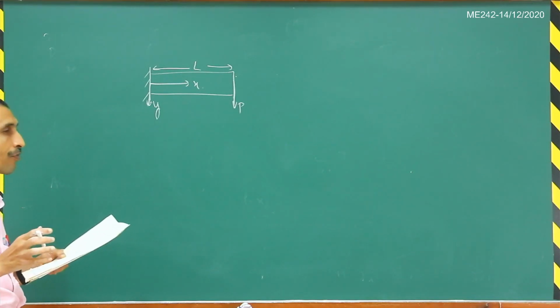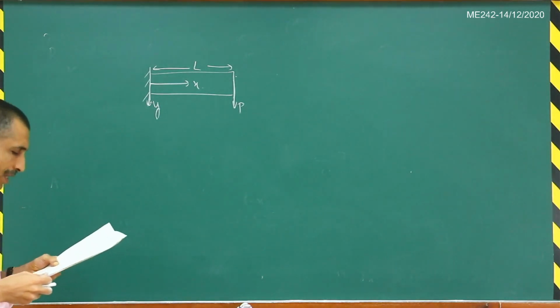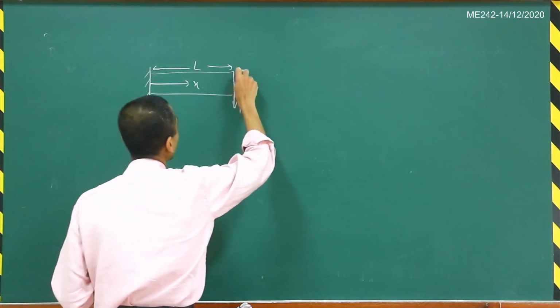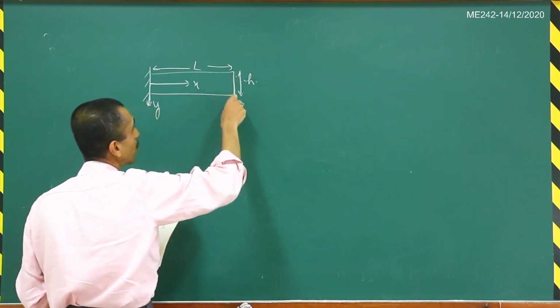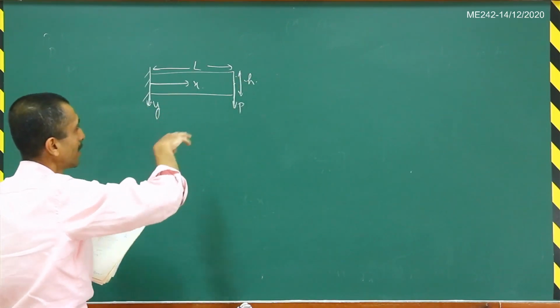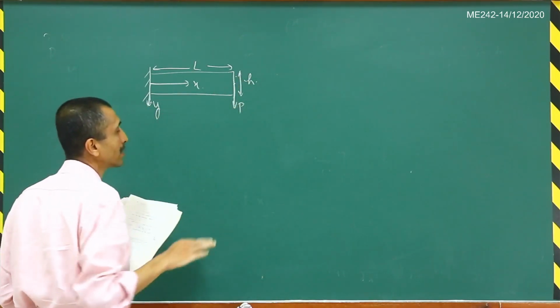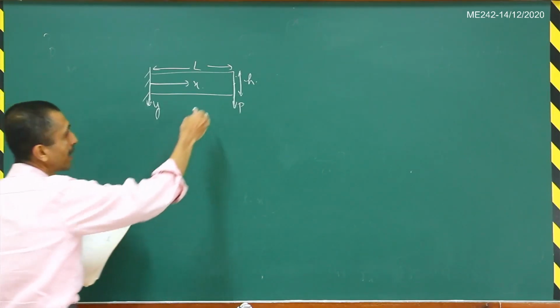So we will look for an Airy stress function that satisfies all the appropriate boundary conditions here. The one thing to remember is that when I write this load P, this is not actually a point load. Whenever I draw this load P, it is actually a resultant due to the traction distribution that is applied on the right edge here.